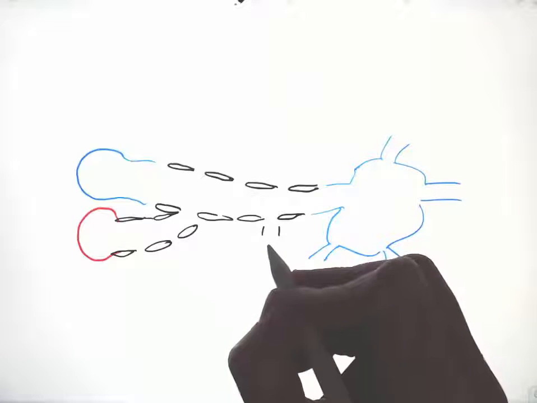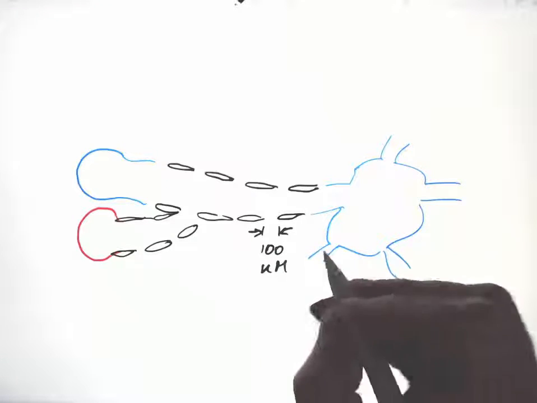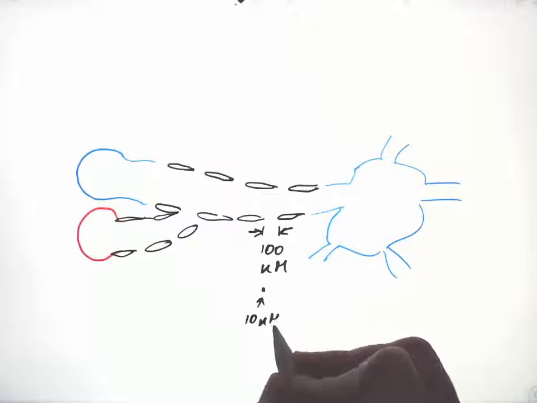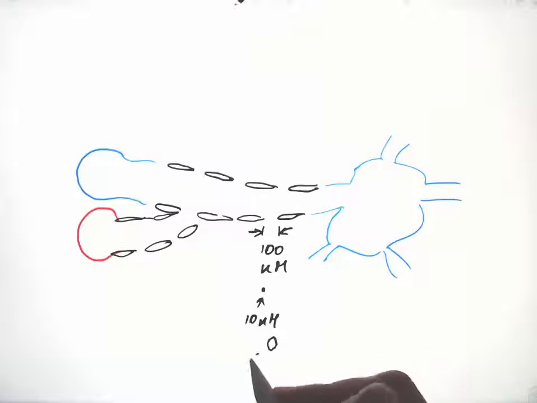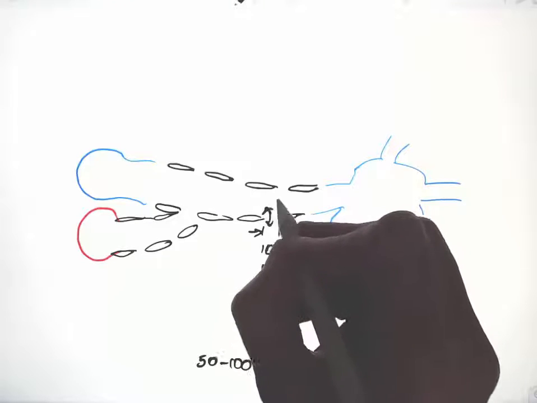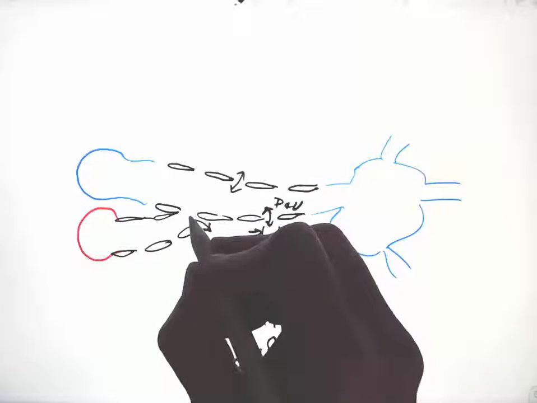These gaps, or fenestra, are around 100 nanometers. Remember, a typical protein is about 10 nanometers. A typical virus might be 50 to 100 nanometers. So proteins and viruses can actually move in and out of these spaces.